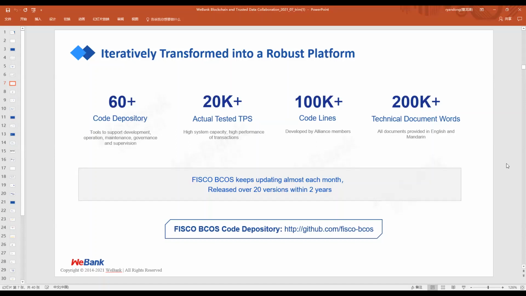So far we have more than 16 code repositories open sourced on GitHub, and in the official test we achieved more than 2,000 TPS with a single chain setup. This is quite a high number if you're familiar with other famous blockchain platforms like Hyperledger, where the TPS is usually much lower, most of the time if you use the default setting.